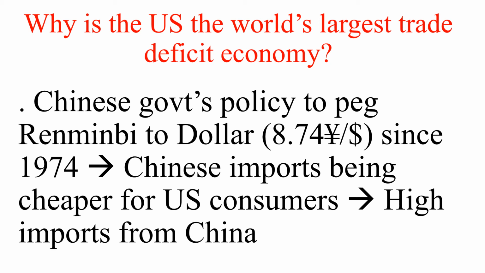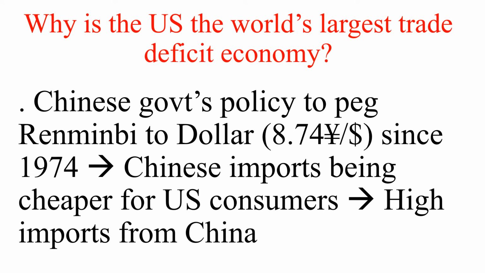And the Chinese government, since 1974, until recent years, adopted an exchange rate policy, and they pegged the yuan to the dollar at the rate of $1 being equal to 8.74 yuan. So, in other words, pegging means fixing the value of a national currency to the value of another currency. And this policy is argued to create a trade deficit for the U.S.